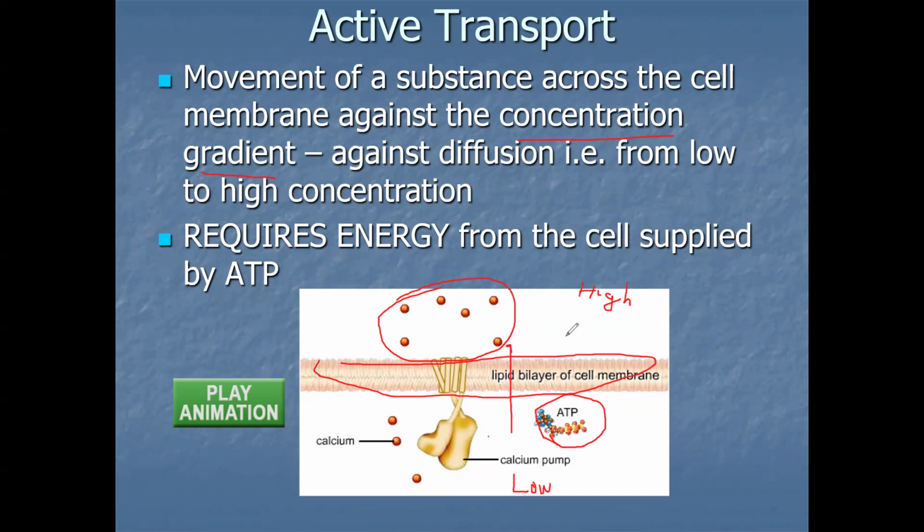So from the region of low to higher concentration, and ATP is needed. This is the most important thing that you should know about active transport. Movement is against the concentration gradient, and energy is required. And this energy is in the form of ATP. And when we say ATP, it means adenosine triphosphate. And that is the next thing that we are going to discuss in maybe the next 10 minutes.